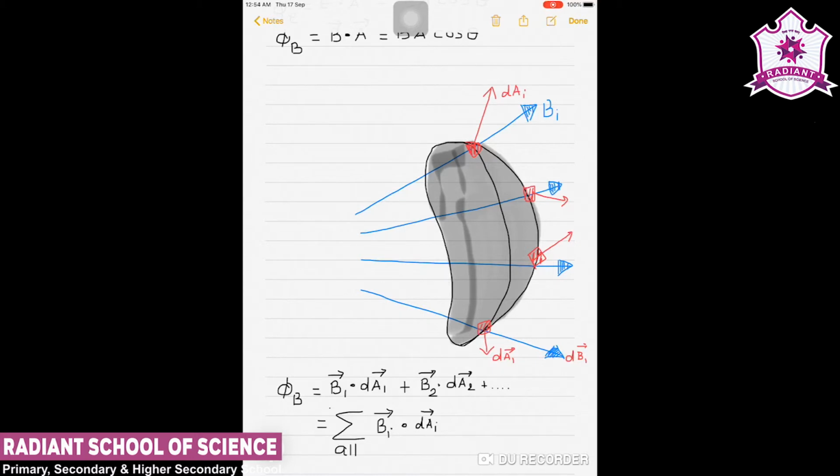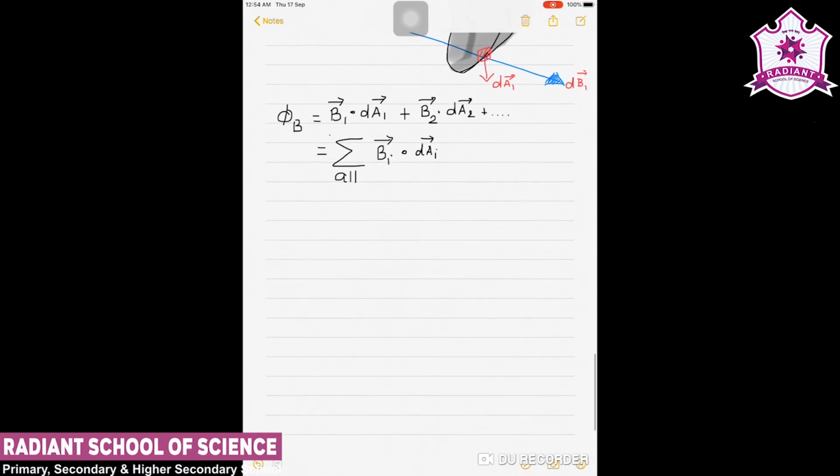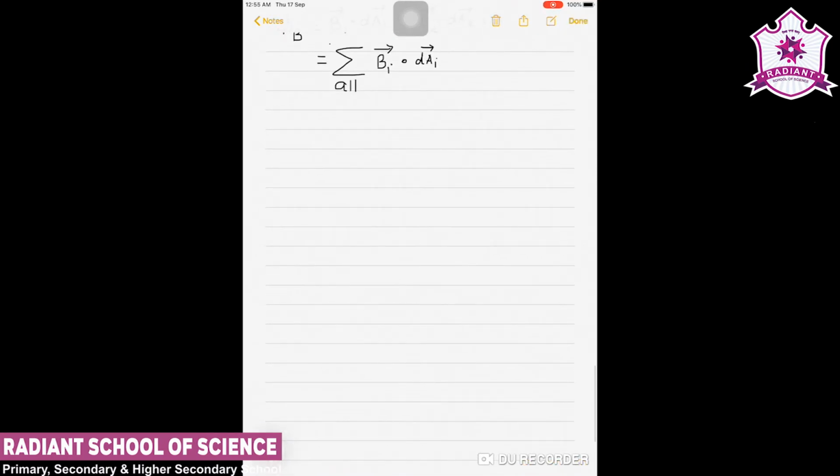Now we will also state the unit of magnetic flux. Magnetic flux is measured in Weber, represented as Wb, spelled W E B E R. Weber is the unit for magnetic flux.